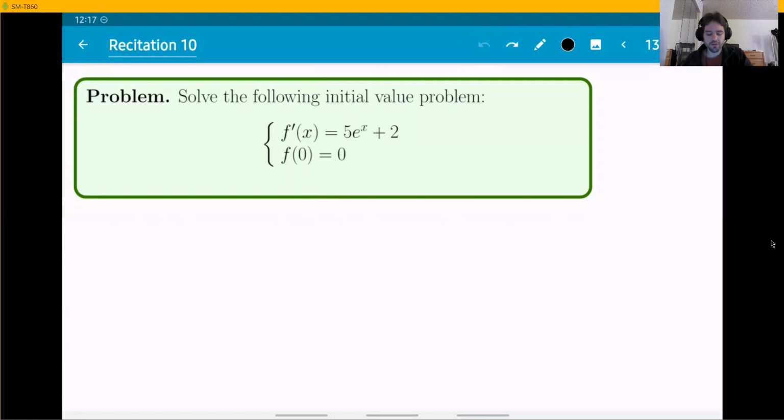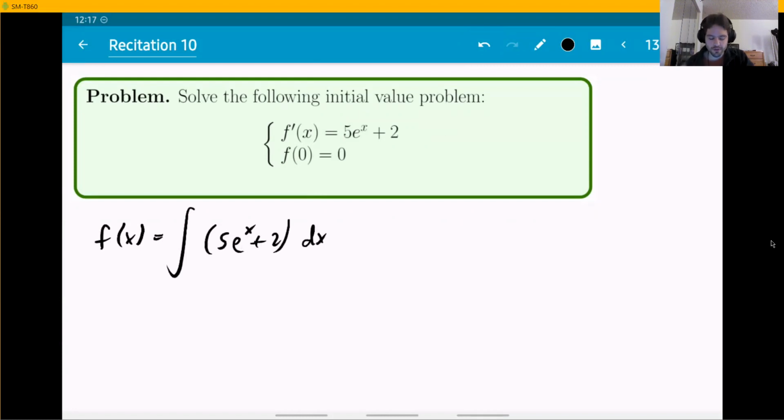So what do we do? First, you look at the differential equation, the first one. If the derivative of this function is 5e to the x plus 2, that means that the function itself must be the integral of that, or antiderivative of that. This is the first step. We need to find this integral.